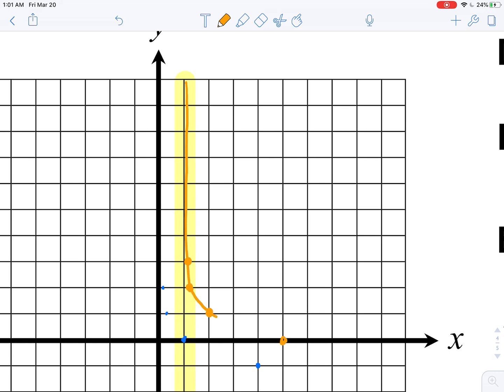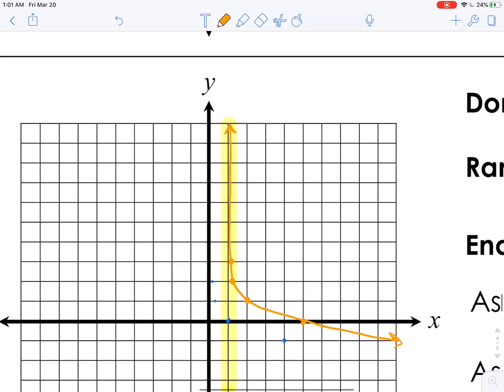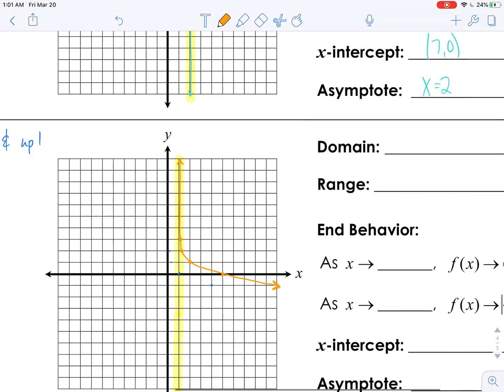And let's do our best here to graph this. Again, it doesn't need to be perfect. We've got our x-intercept. Looks like it's going to be a nice one. And let's identify some of these key characteristics.